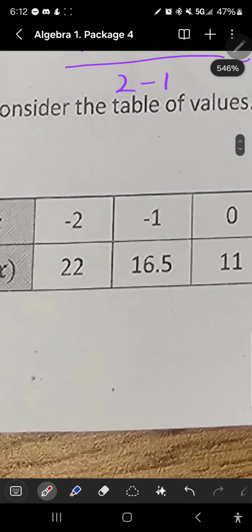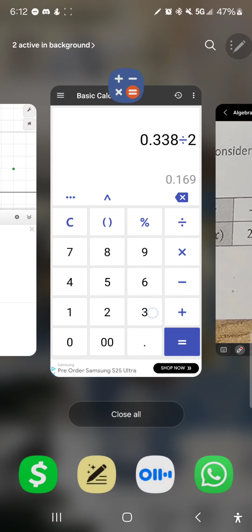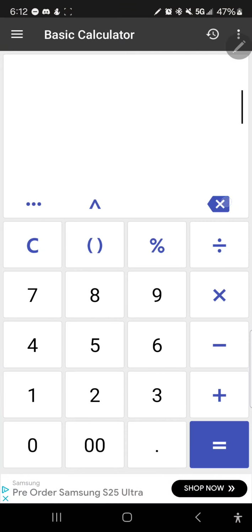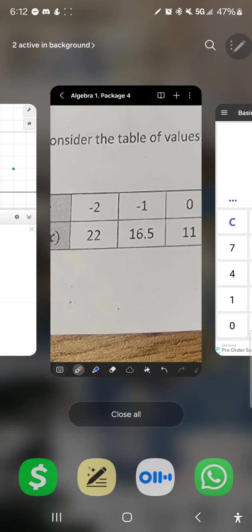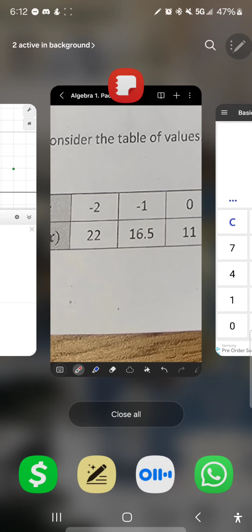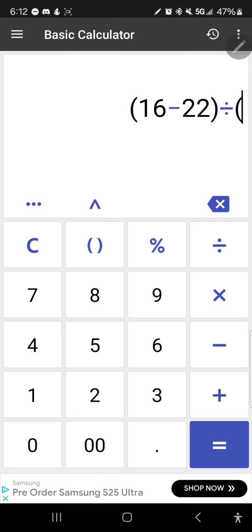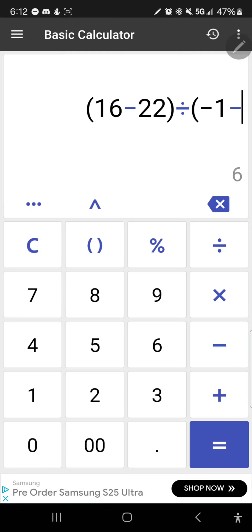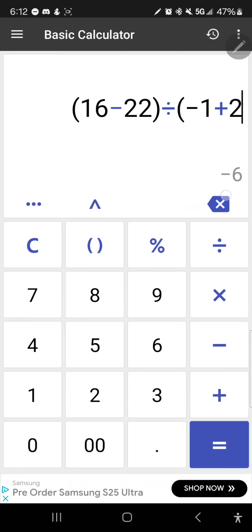In this case, the slope will be 16 minus 22 over, in parentheses, -1 minus -2. Minus minus is positive, so plus 2. And we get -6.